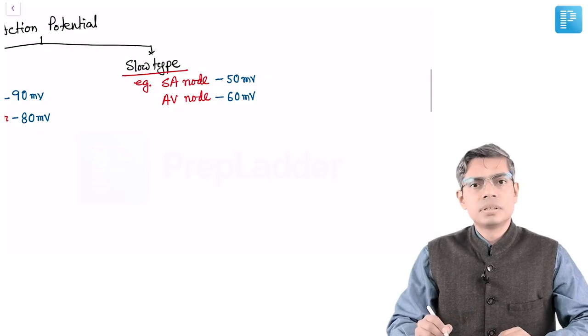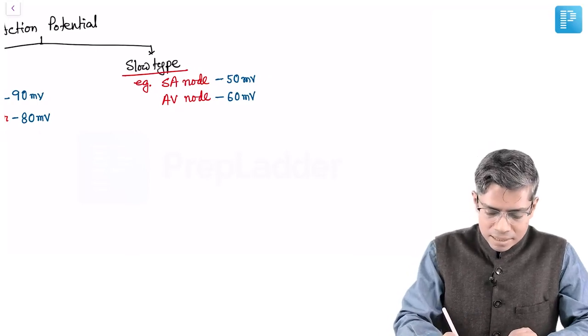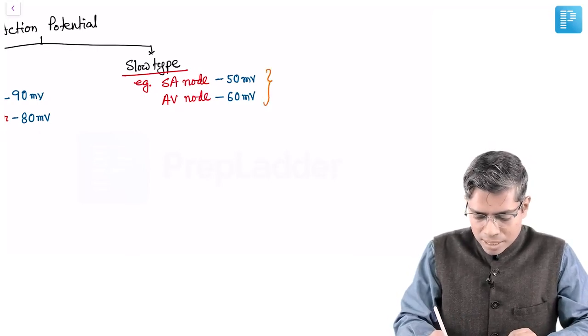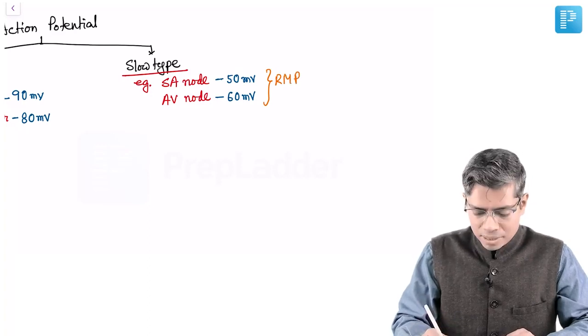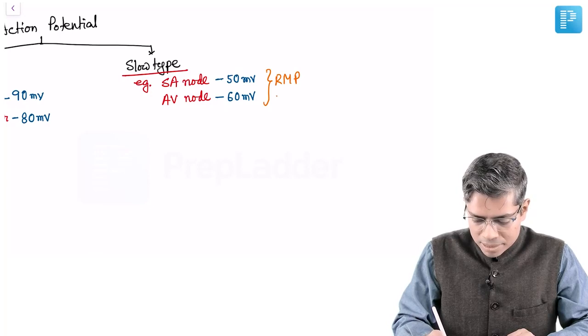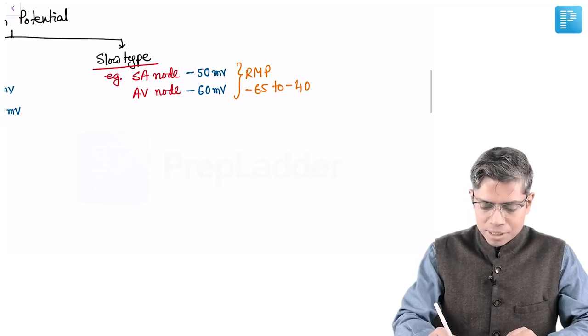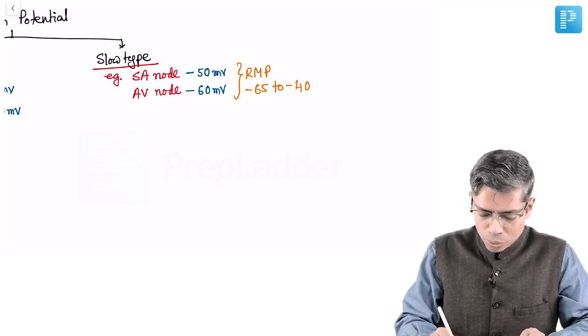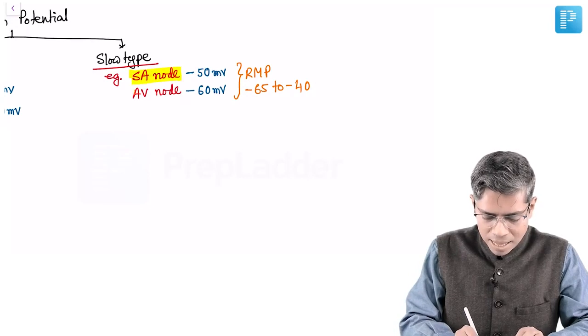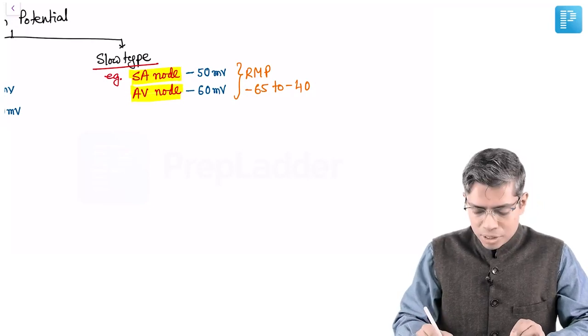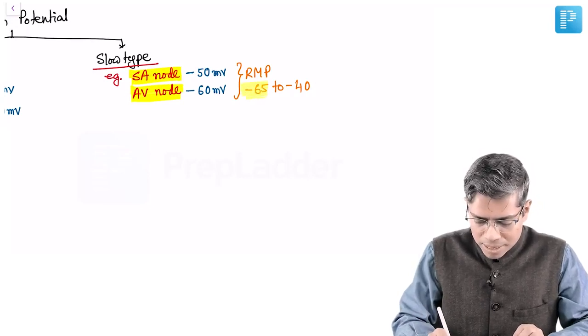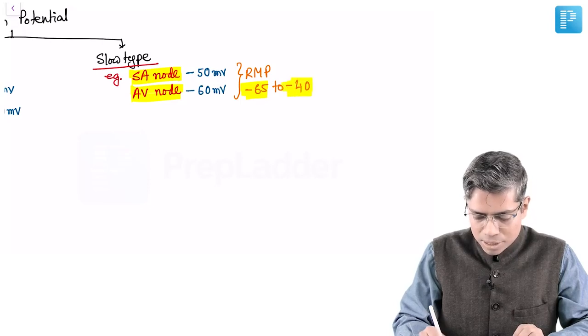But if you look at a different book, they are saying that the SA node and AV node RMP is not a fixed value. The RMP moves from minus 65 millivolt to minus 40 millivolt. So actually your ideal answer should be that the RMP of the nodal tissue, that is the SA node and AV node, ranges from minus 65 to minus 40 millivolt.